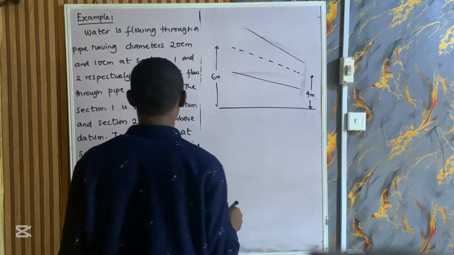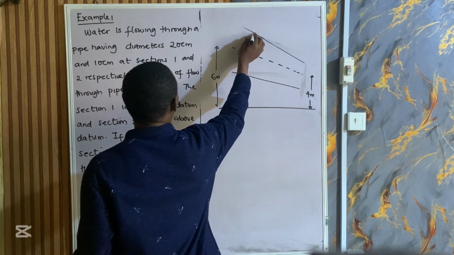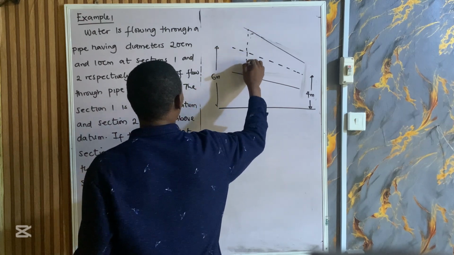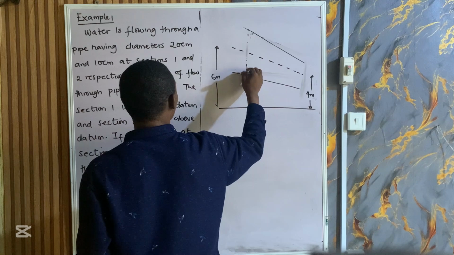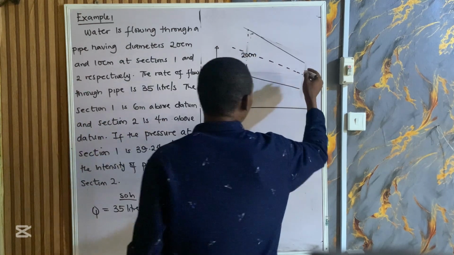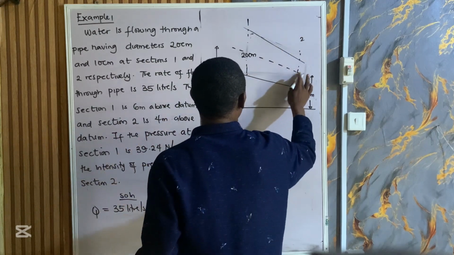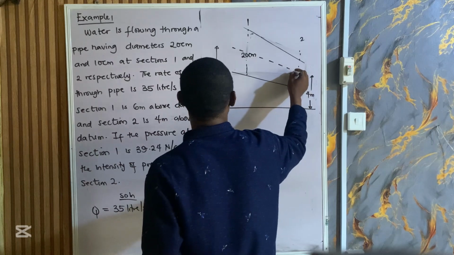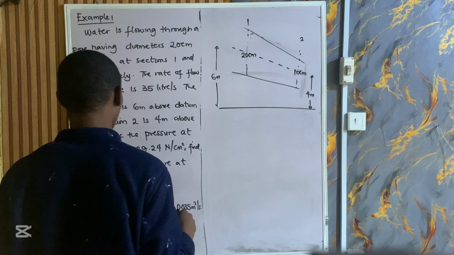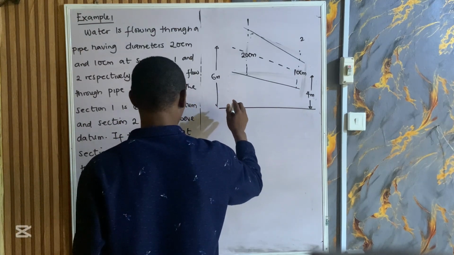We have it again that this is section 1, with a diameter of 20 cm, and this section here, section 2, has a diameter of 10 centimeter. Again, we are told that the pressure in section 1, P1, let's write that out now.